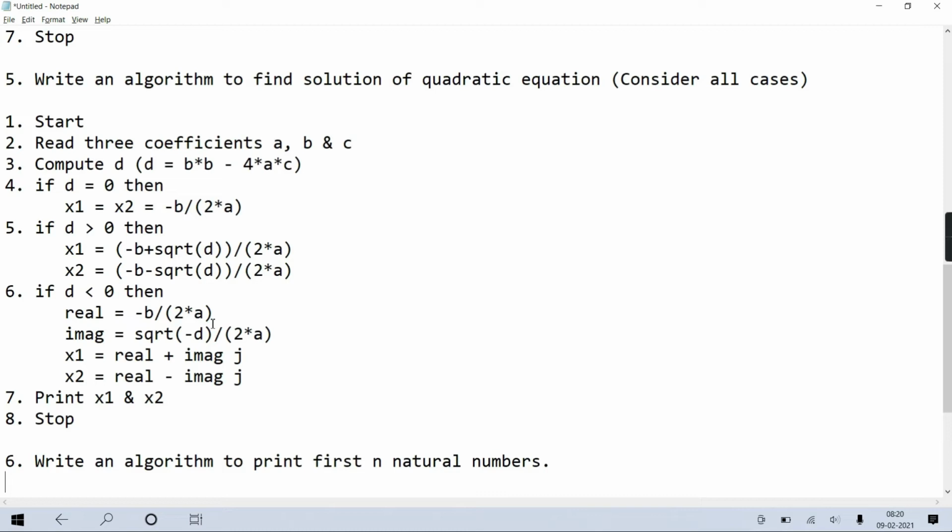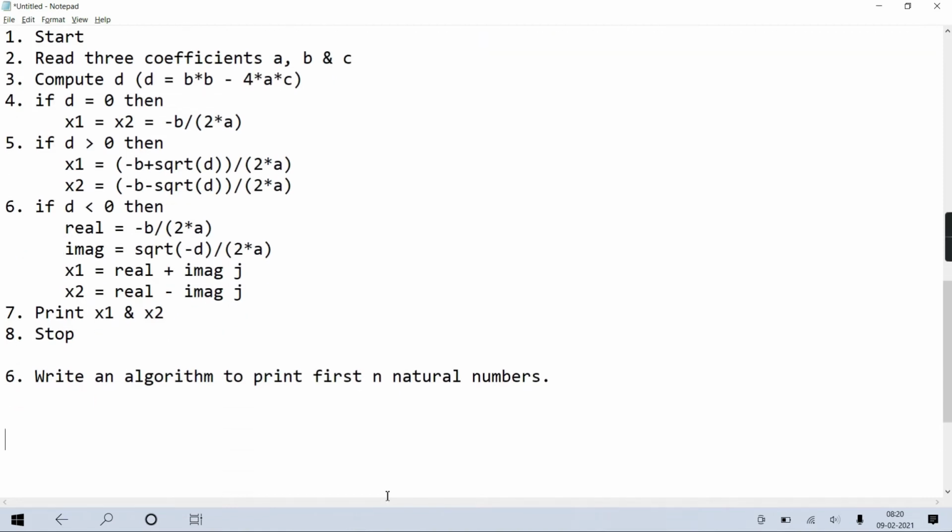So you go from home to college, attend, come back, and you repeat this for some time. In programming also, sometimes you have to repeat some logic again.